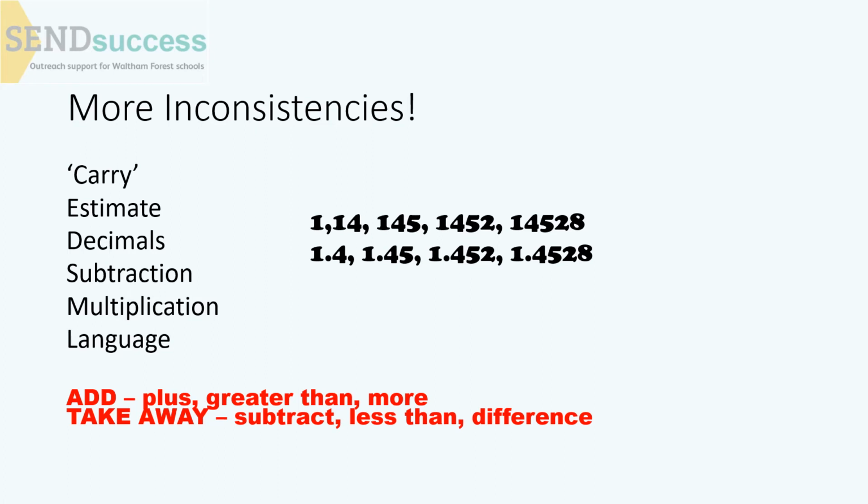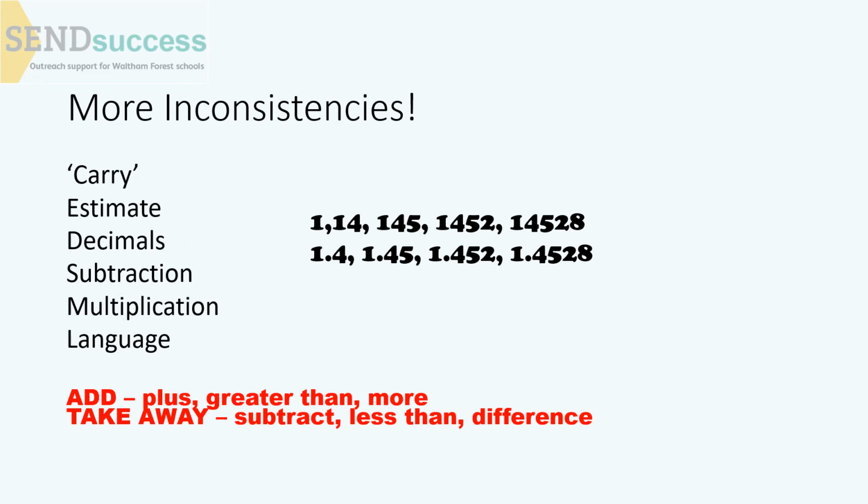A table holds data in maths, but we sit at tables. And there are other words that have different words for the same concept. So to add, we might say plus or greater than, more than, and take away, subtract, less than, different, difference, or fewer.